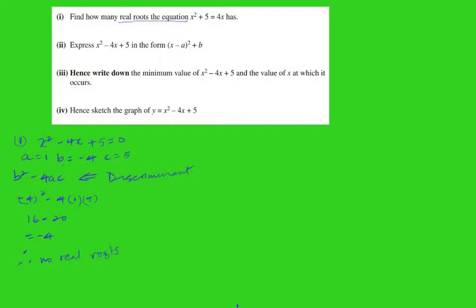Next part now. The other part asks, express x squared minus 4x plus 5 in the form x minus a squared plus b. Okay.